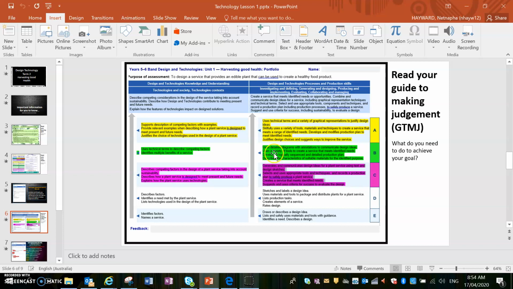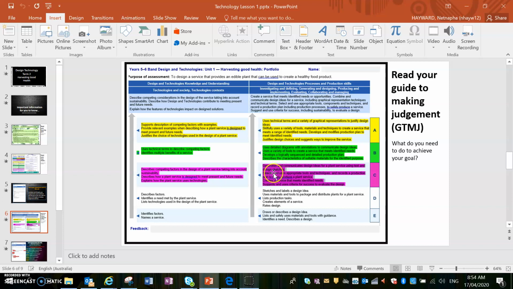The next part for the generating, you also have a detailed diagram with annotation. That's where your illustration or diagram is labeled with actual explanation. And to get an A, you need to do that, but as well provide use of technical terms and a variety of graphical representations. So that's how the guide to making judgments works.